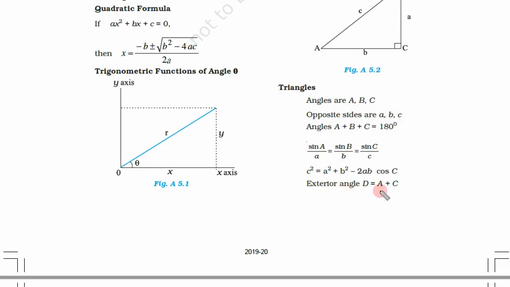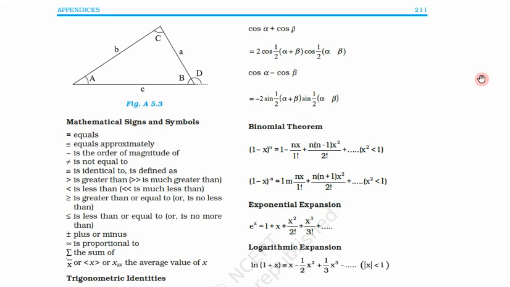Exterior angle D is equal to A plus C. Let us see the meaning of this. See this triangle: this is angle C, this is angle A and this is angle B. Now what is an exterior angle? Just outside the angle.